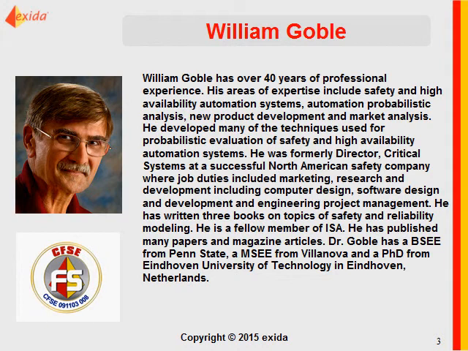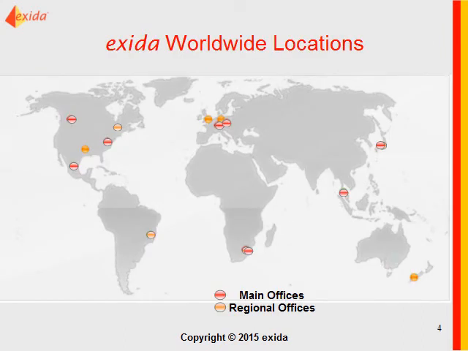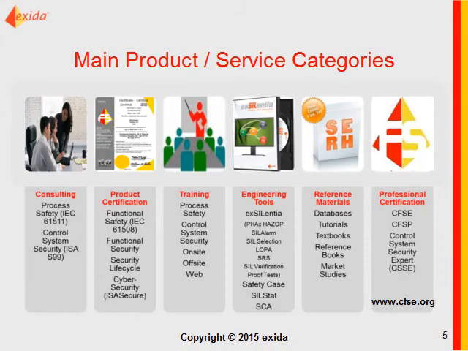I have a lot of experience in industrial automation, and a lot of the time I've spent, especially in the last 30 years, has been studying field failure data, which is what we are going to be talking about today. I work for FMEDA. FMEDA is a global corporation with worldwide locations.